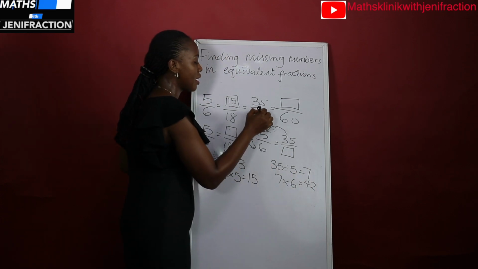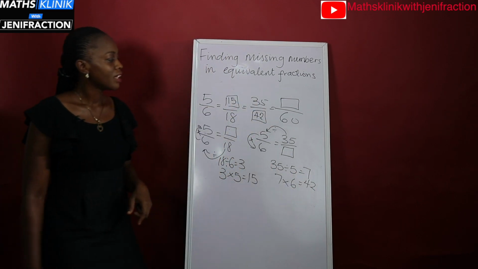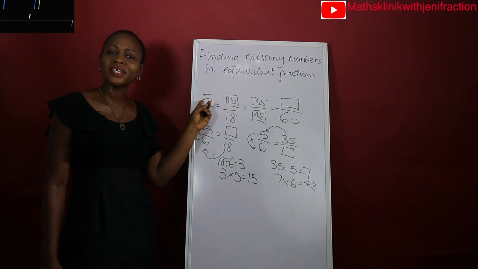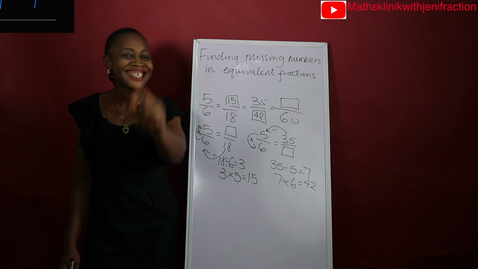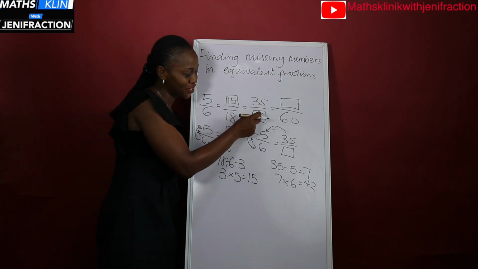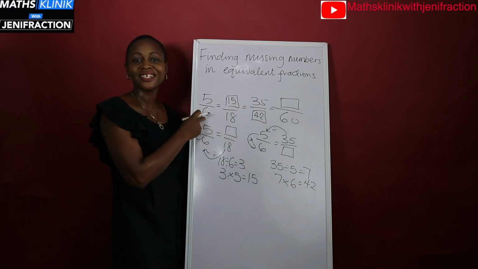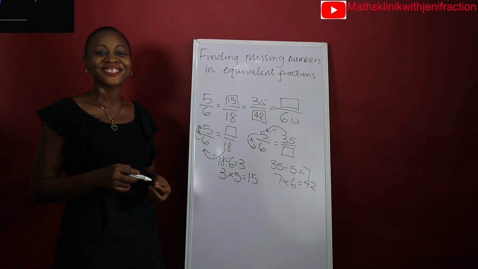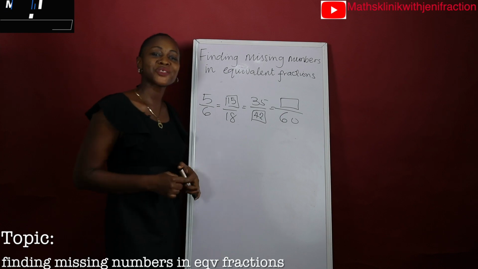I'll write down my 42. Now let's check. 35 divided by 5 is what? 7. 42 divided by 6 is what? 7 again. That's good.